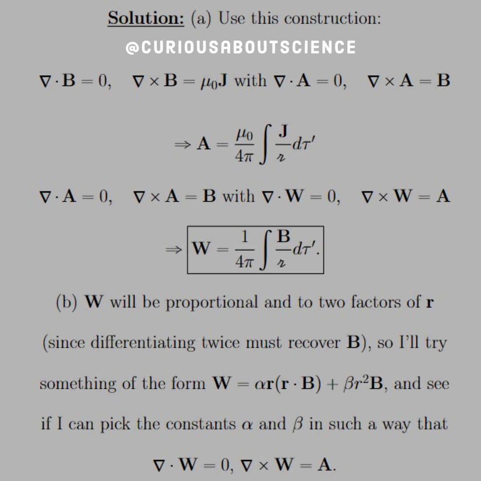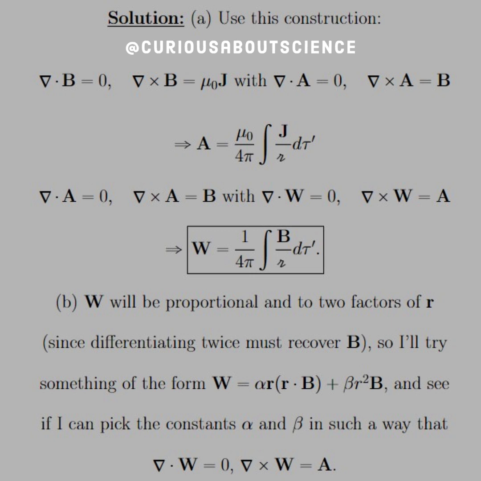For part A, we use the construction that divergence of B equals 0 and the curl of B equals mu naught J, with the divergence of A equals 0 and the curl of A equals B. So we chug that through and we see that we get A, which can be expressed in terms of B, ultimately gets refined down to mu naught over 4 pi integral J over script R d tau.